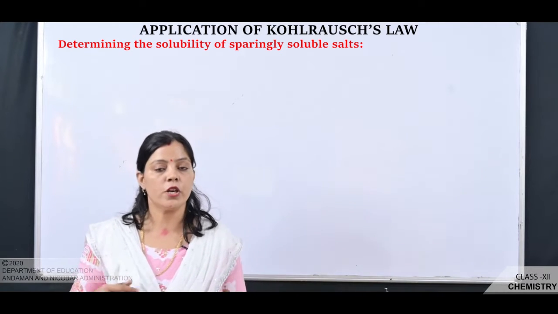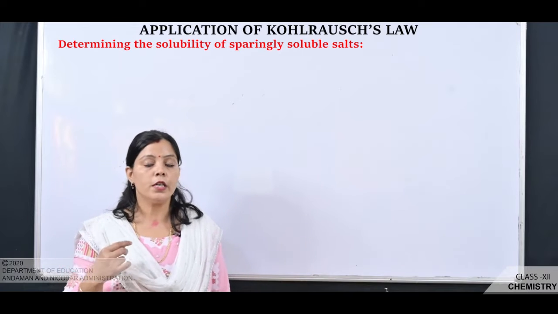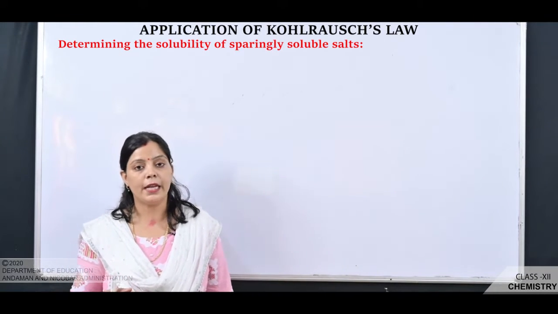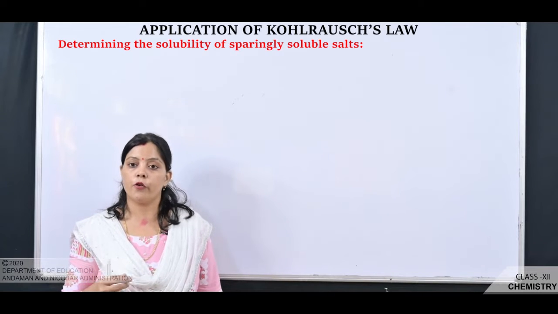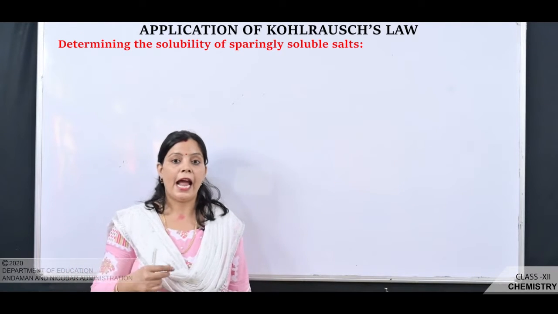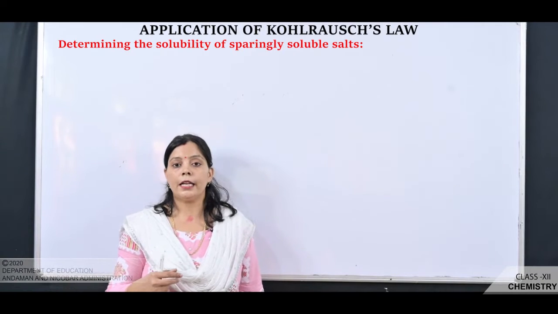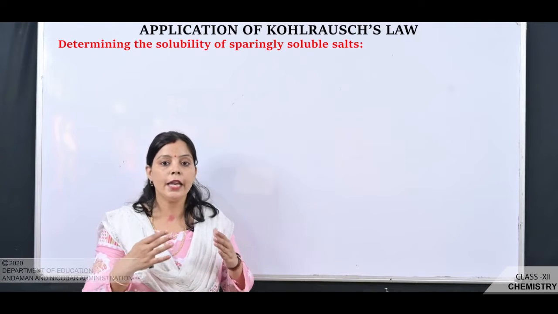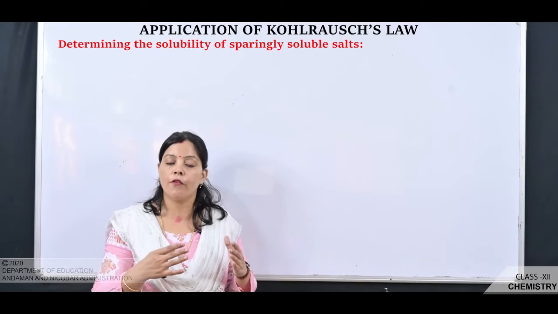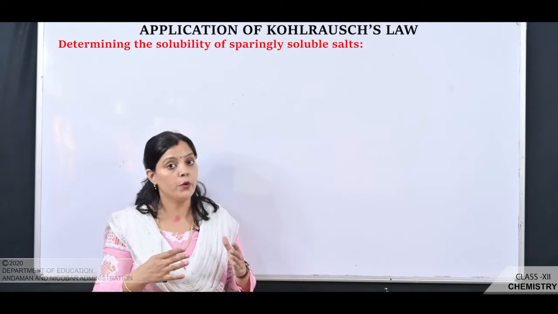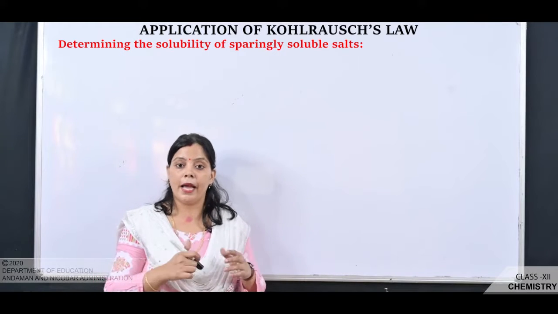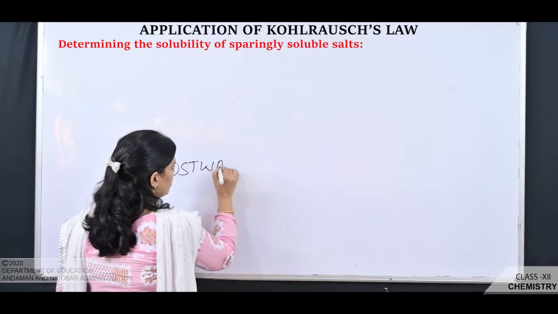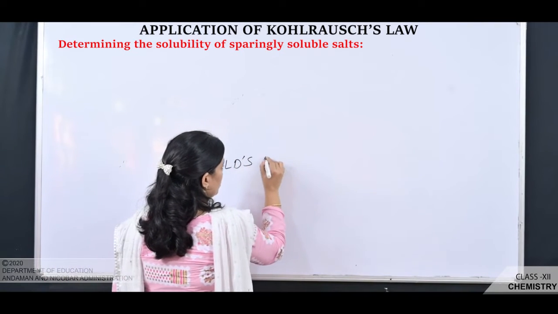So as the dilution increases, the degree of dissociation of the weak electrolyte also increases, and consequently the molar conductivity increases. Students, at infinite dilution the concentration approaches zero and the degree of dissociation approaches unity, and this law is named Ostwald's dilution law.